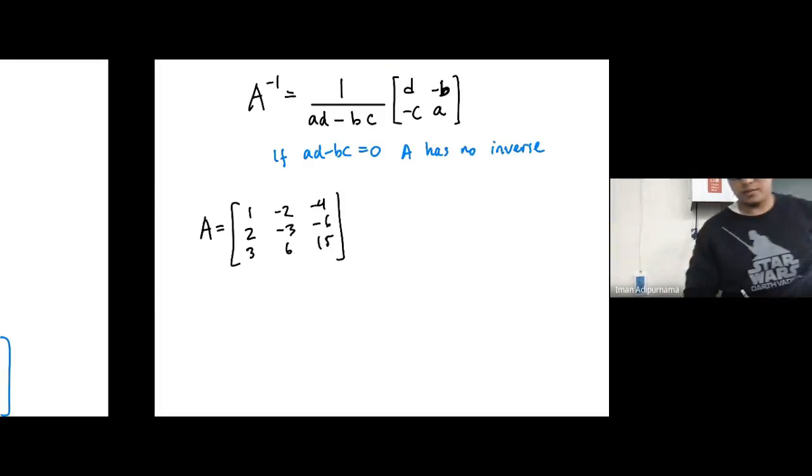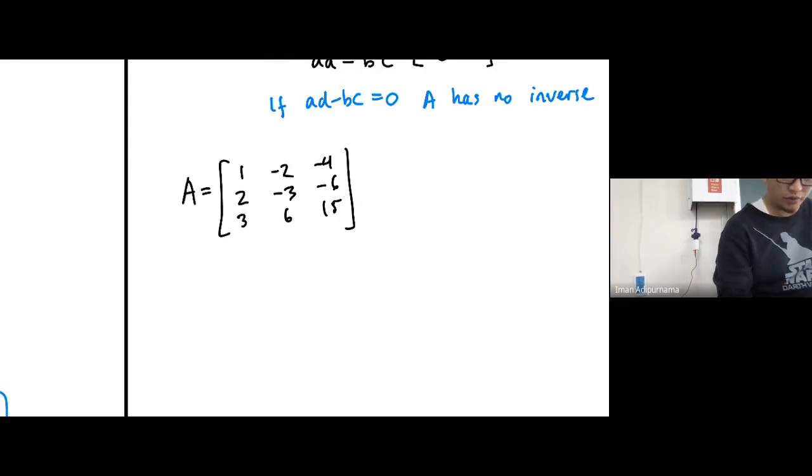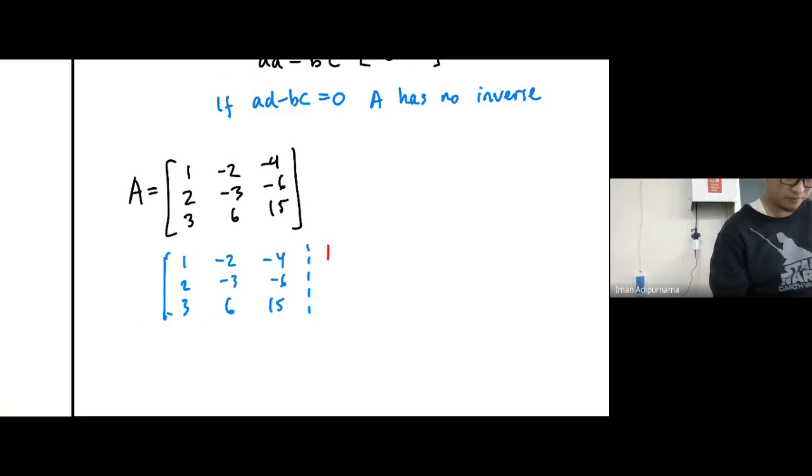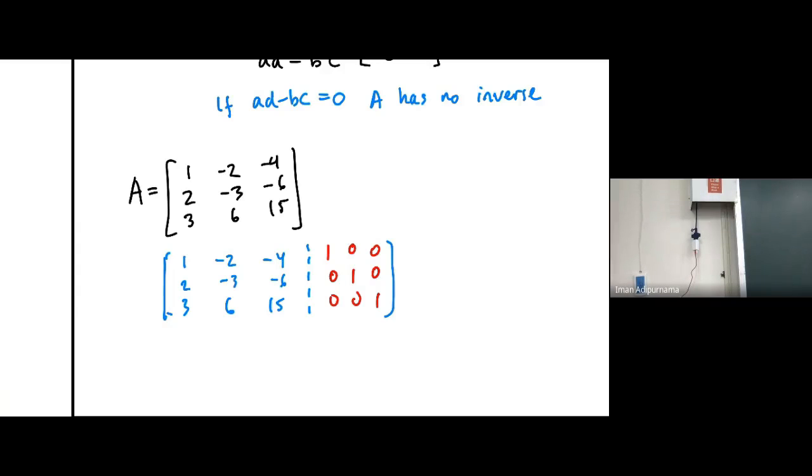Now let me write the row echelon form. This is the identity, right?